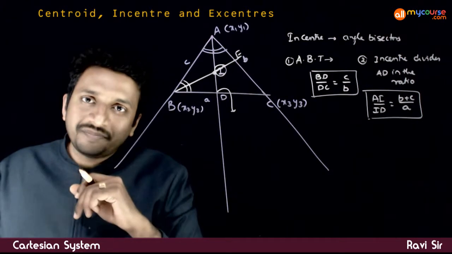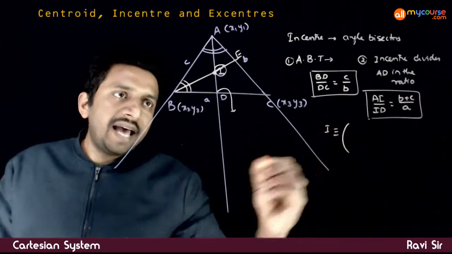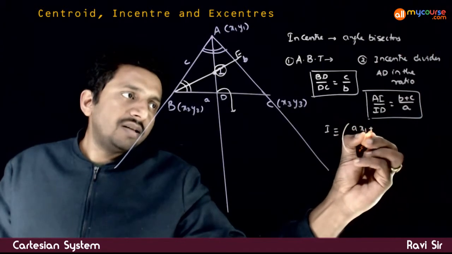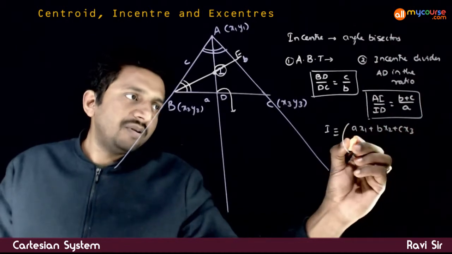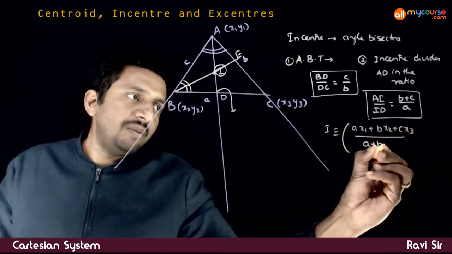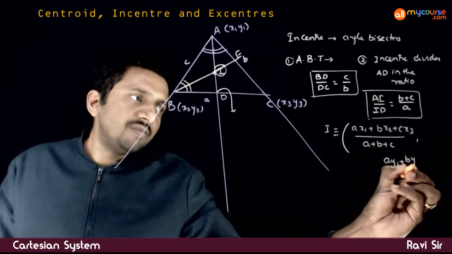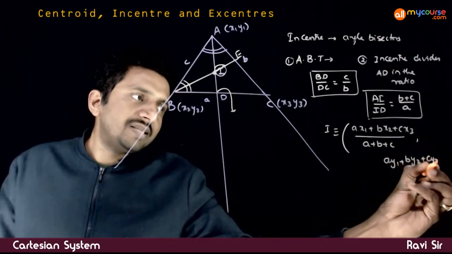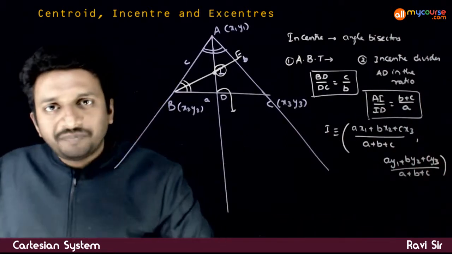Once you apply, you get the coordinates of I as (ax1 plus bx2 plus cx3)/(a plus b plus c), comma (ay1 plus by2 plus cy3)/(a plus b plus c).